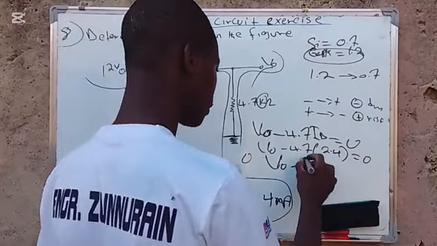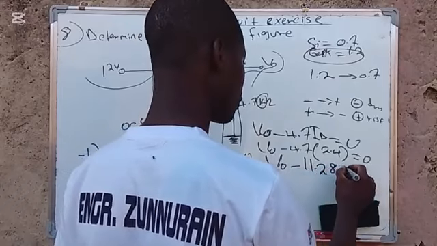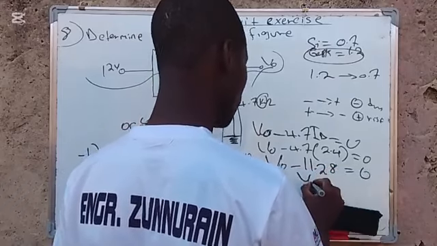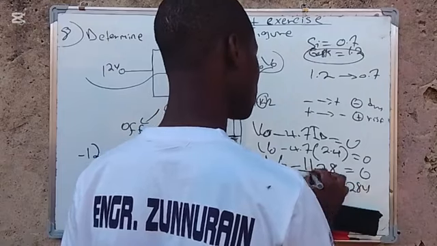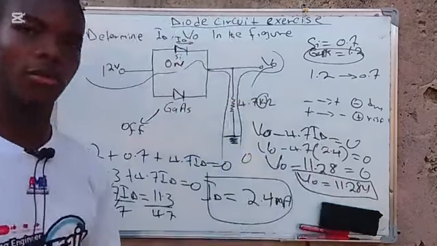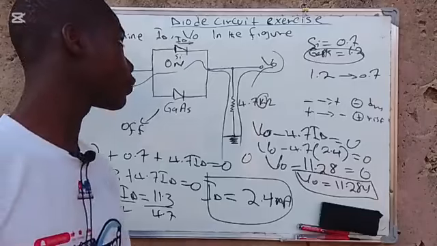So this should now be equal to minus 11.28, which is equal to 0. So therefore the V out should now be 11.28 volts.